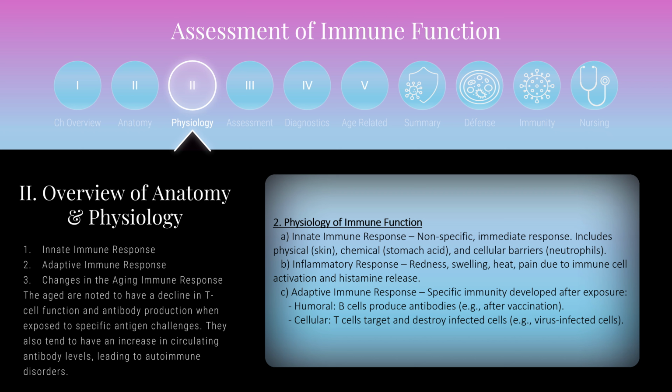C. Adaptive immune response, specific immunity developed after exposure. Humoral: B cells produce antibodies, so after vaccination. Cellular: T cells target and destroy infected cells, virus-infected cells.